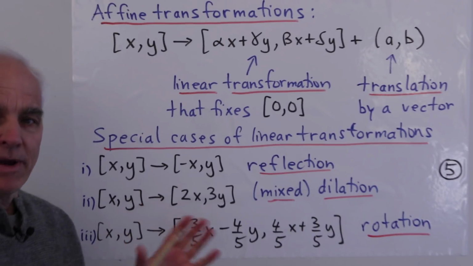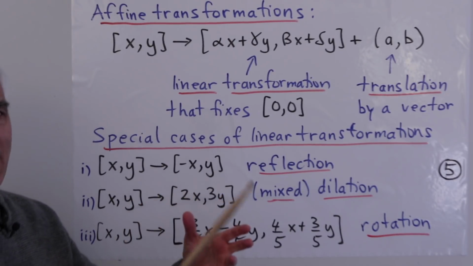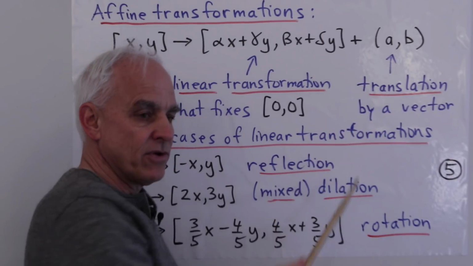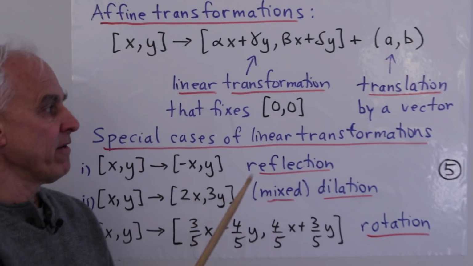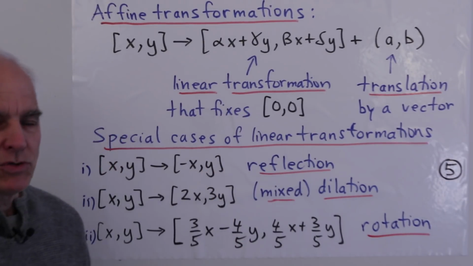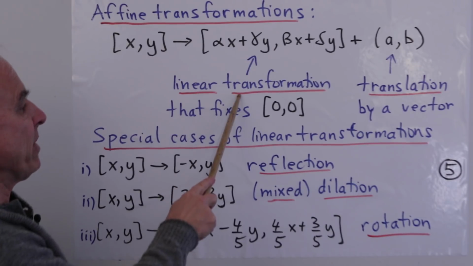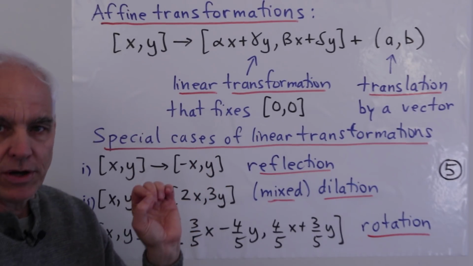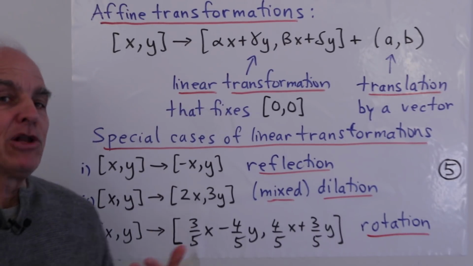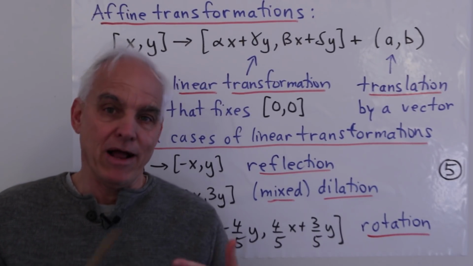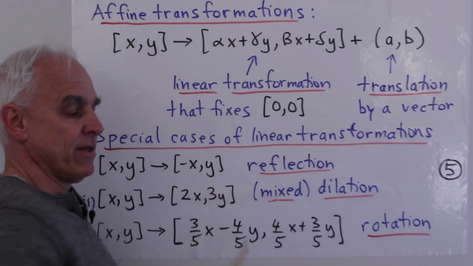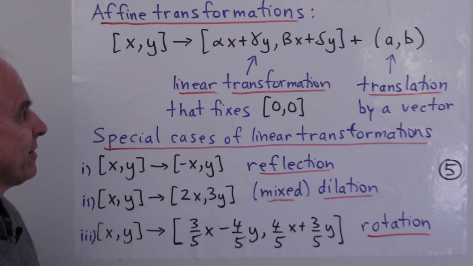So this is a combination of two separate kinds of transformations you can think of. The translation, which we've already talked about, translating by a vector, together with this more complicated transformation, which we can think of as being a linear transformation that actually fixes the origin. Okay, so this is a familiar kind of object from linear algebra, and it's usually associated with a 2x2 matrix.